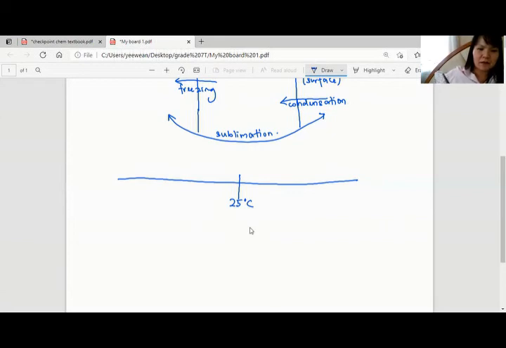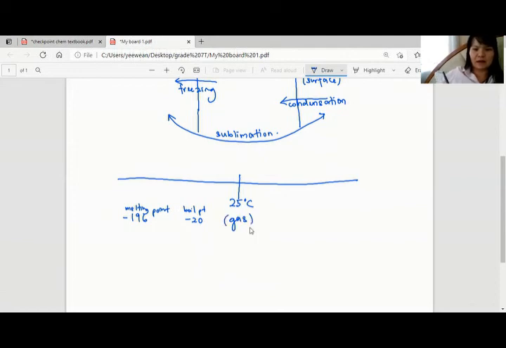Okay, so if something melts at, say, negative 196, this is its melting point. And its boiling point is negative 20. So by 25, it is going to be a gas.